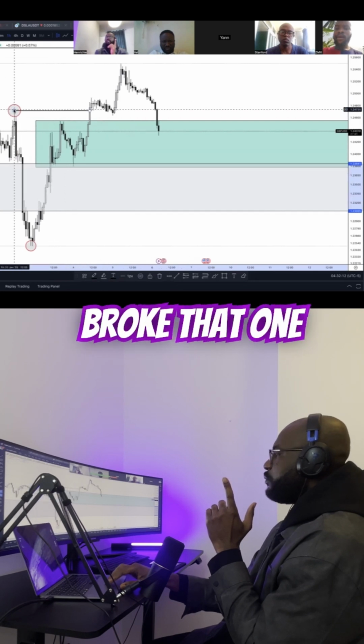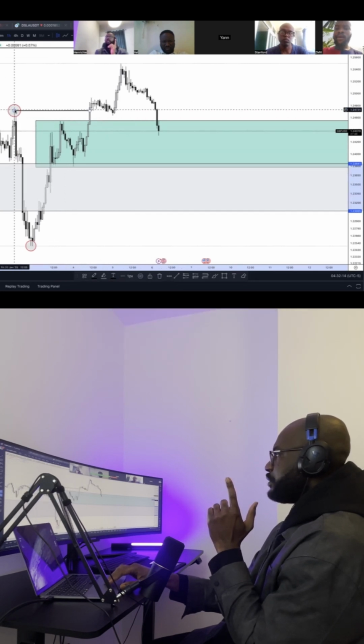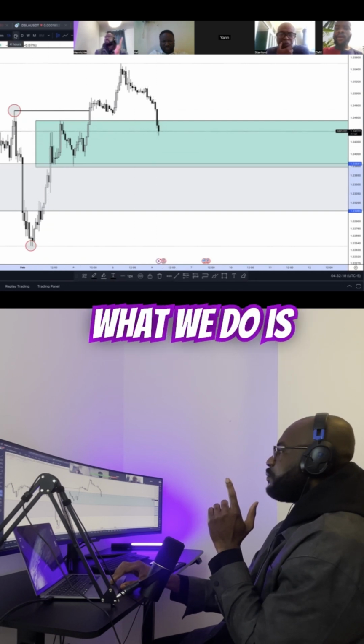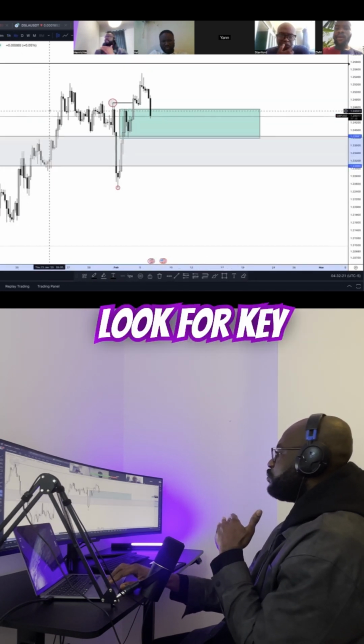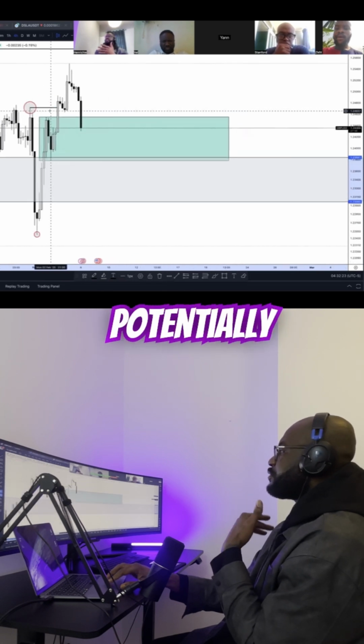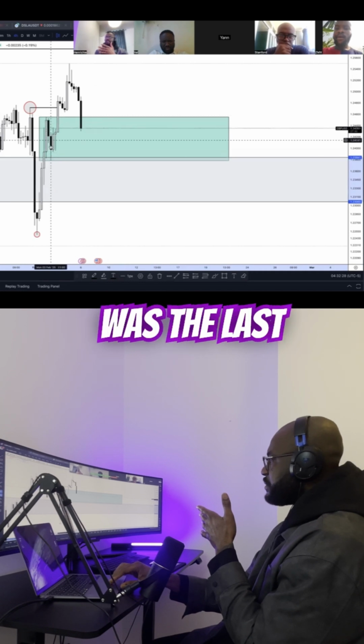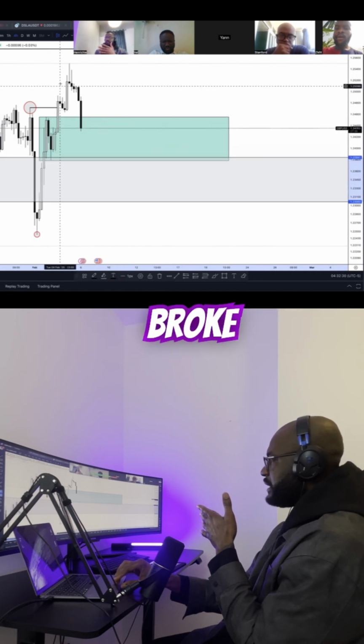And right here, we broke that 1 hour structure. After breaking 1 hour structure, we want to see a retest. So we scale up the time frame to look for key levels that price could potentially retest. And right here, we have the last down close candle. This was the last move to the downside that took liquidity and broke structure.